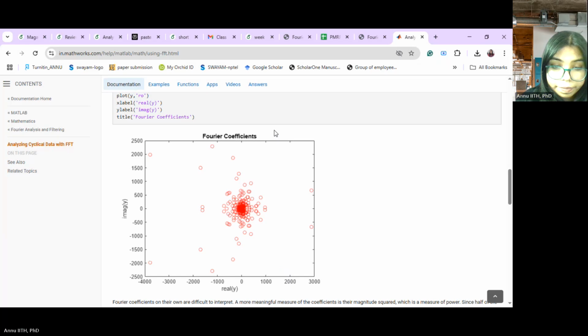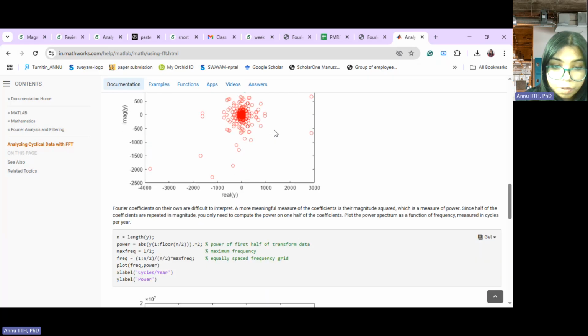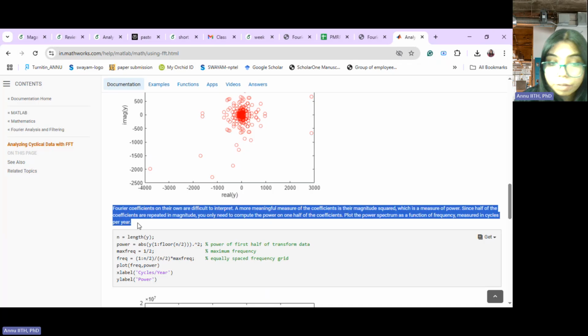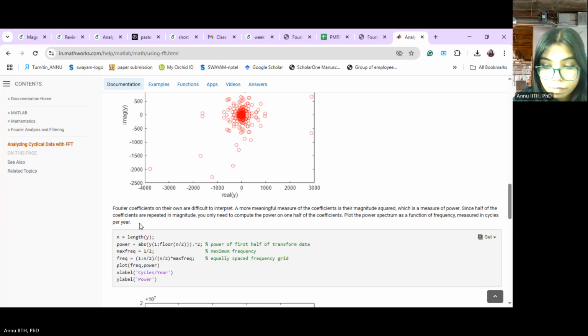Why are you calculating Fourier coefficients here? That's what I would like to say. The Fourier coefficients are there for cyclical data or periodic signals. It's not for all.